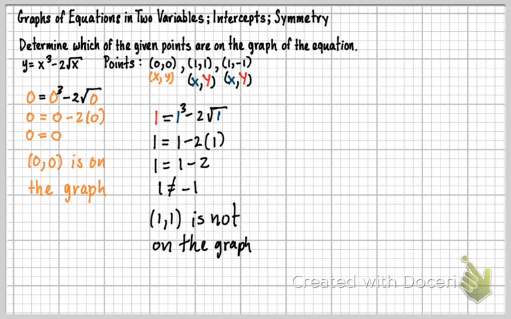Oops, good catch. I didn't have to do all that. I could just do this. Negative 1 for y. I'm glad I caught that. Okay, anyways, so I get 1 cubed minus 2 square root of, and that should be the x value.